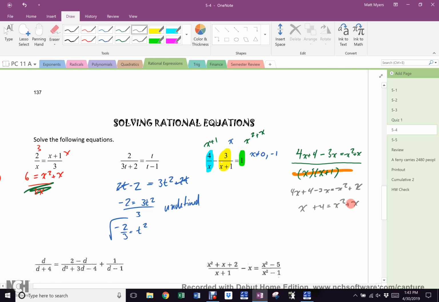What happens? Gone. x squared minus 4 equals 0. What do I do with that? x plus 2, x minus 2. So what is my answer? x equals plus or minus 2. Does that satisfy my restriction? x can't be 0 and it can't be negative 1. Is it okay? Yes. And we're done.